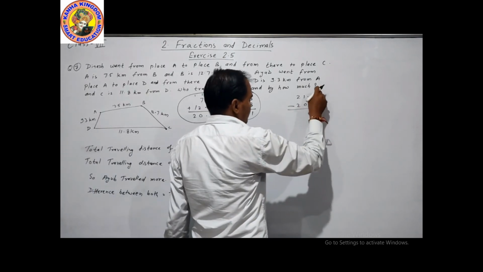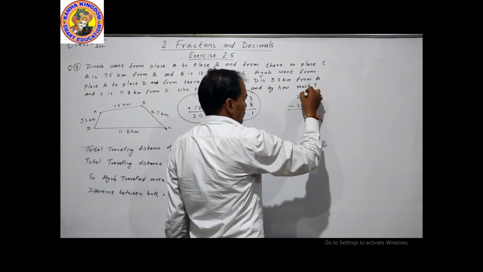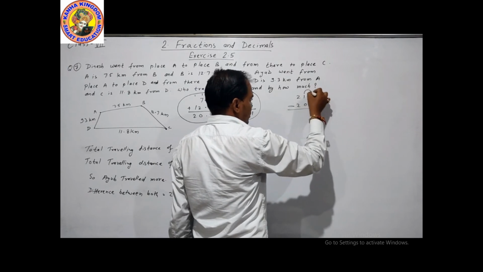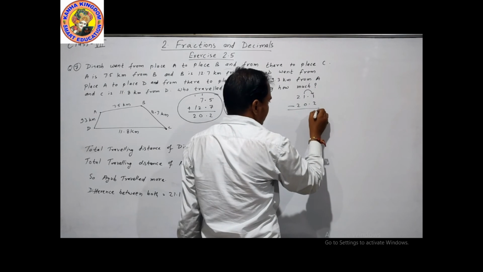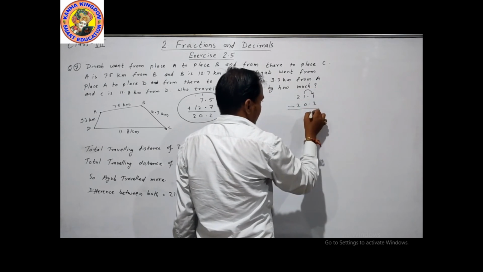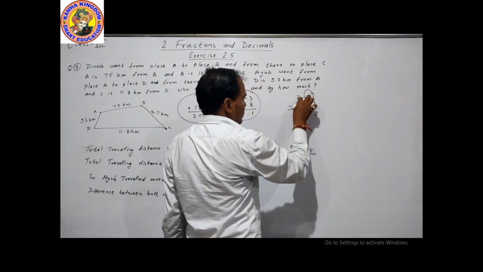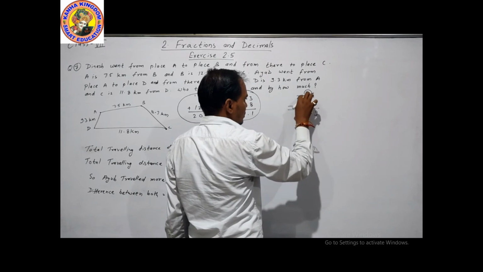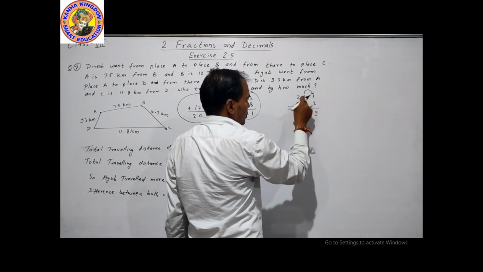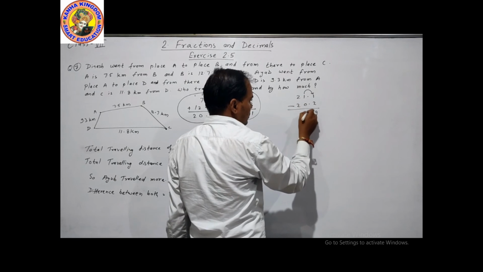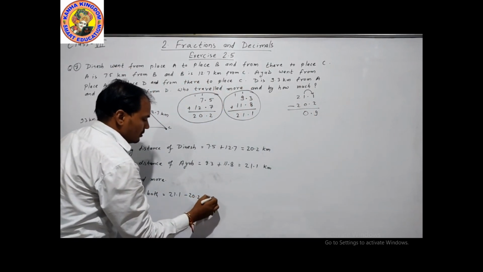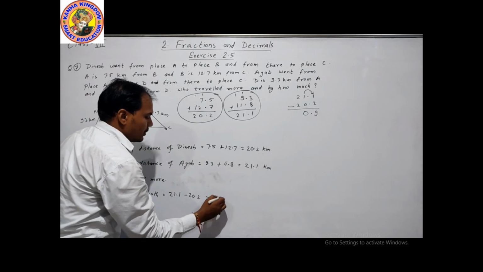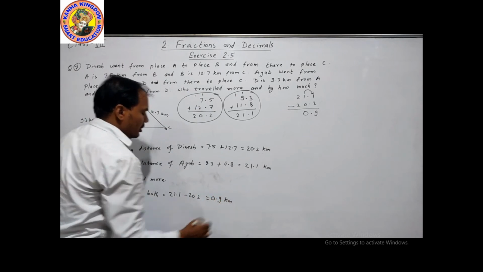Now 2 subtracted from 1 is not possible, so we will borrow. 11 minus 2 is 9. Then the decimal point. You borrow from here, so this is 0, 2 0 and 2 0. 20 minus 20 is 0, so this is 0.9 kilometer.